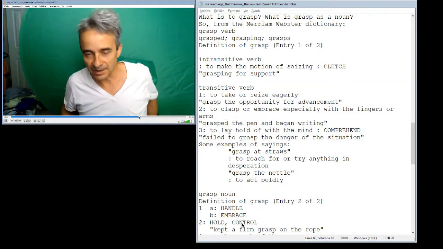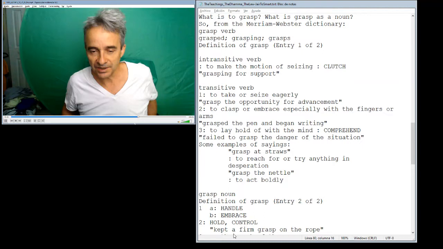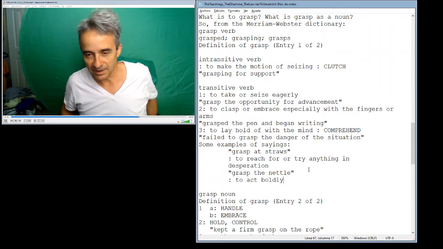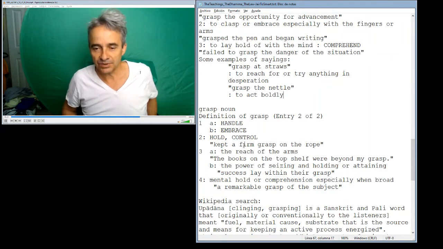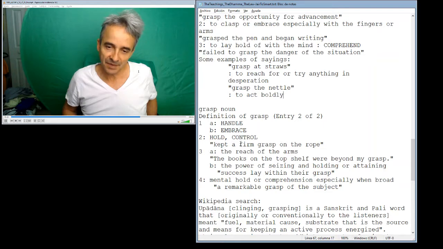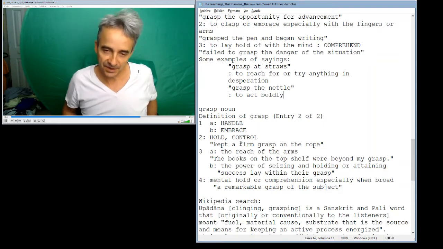Grasp the danger, the situation. He failed to grasp, so when I'm failing to grasp, or when I'm grasping the danger, the situation, I'm comprehending. So that's a positive definition of grasping.